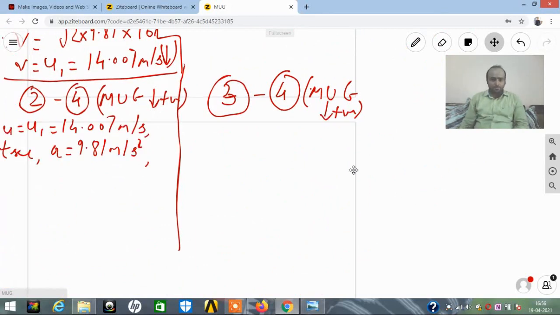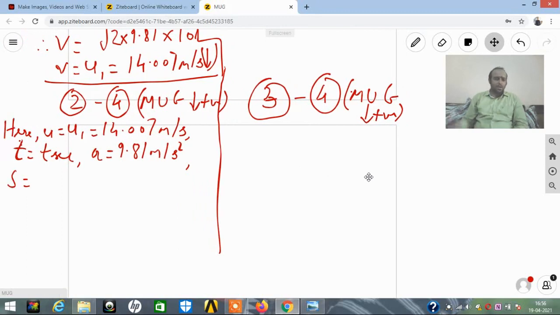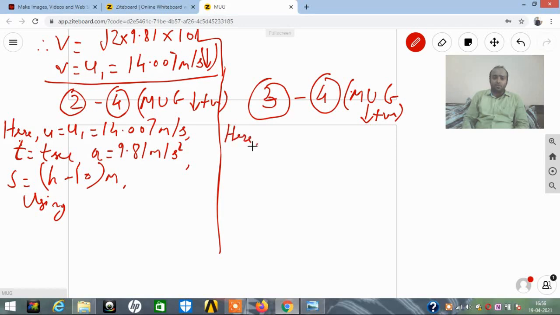Now to be very specific, let us write down S is equal to h minus 10 meters, that is for the first stone. To decide which formula to use, I should write down the given data for 3 to 4 as well.